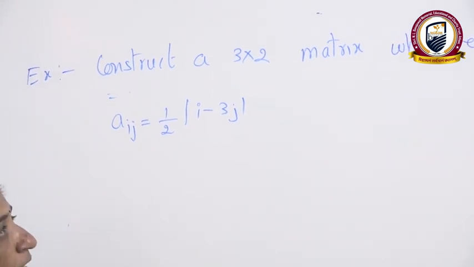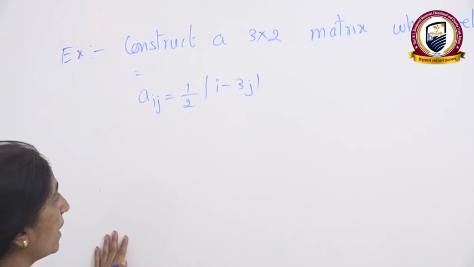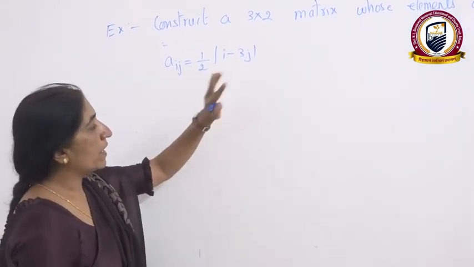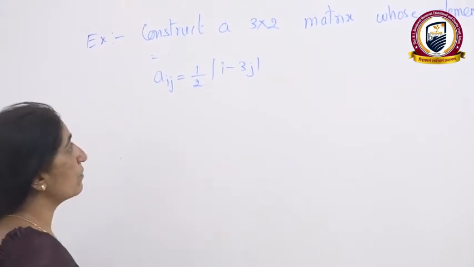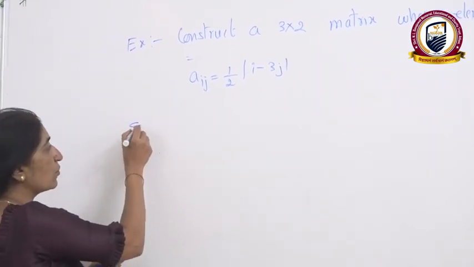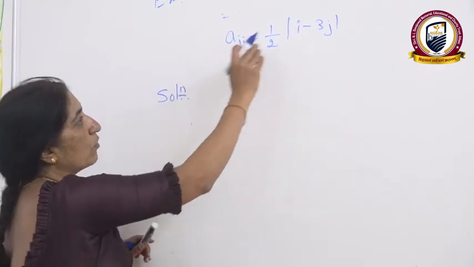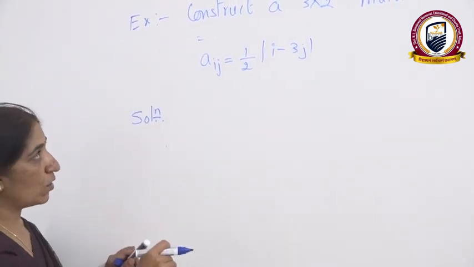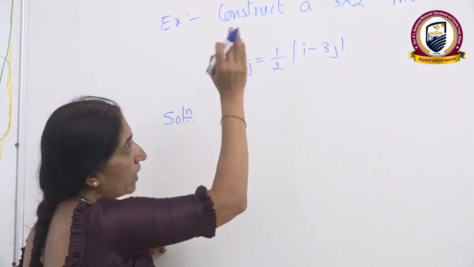Construct a 3 by 2 matrix whose elements are given by Aij is equal to 1 by 2 modulus of i minus 3j. Here students, before writing anything, you have to construct the matrix of order 3 by 2. What is the meaning of that? You have to write 3 rows and 2 columns.